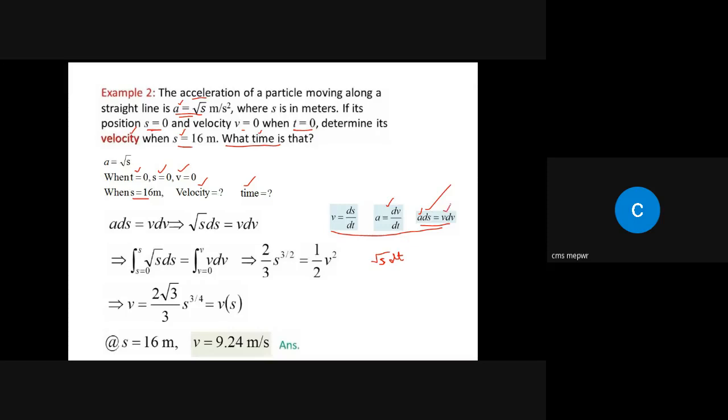If I use the other equation, I might be in a position to find out the time because s is given over here. It's up to you. If you want to find out the time, use this equation. If you want to find out the velocity, use this equation. They are initially asking for velocity, so let's use this equation.